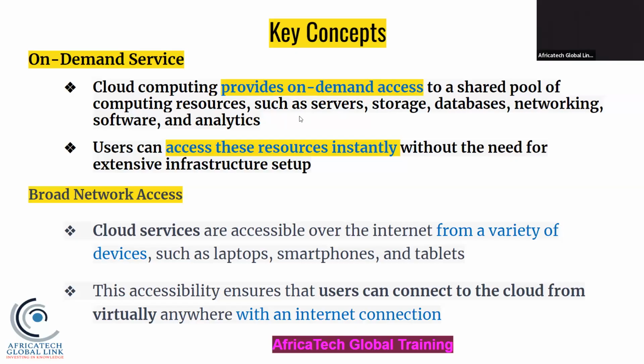On-demand is, I want this, I want only this, and then I don't want this. You demand and then we'll serve. Users can access these resources instantly without the need for extensive infrastructure setup. So it's made in such a way that if you need this, it will provide. So the access rate is very efficient.